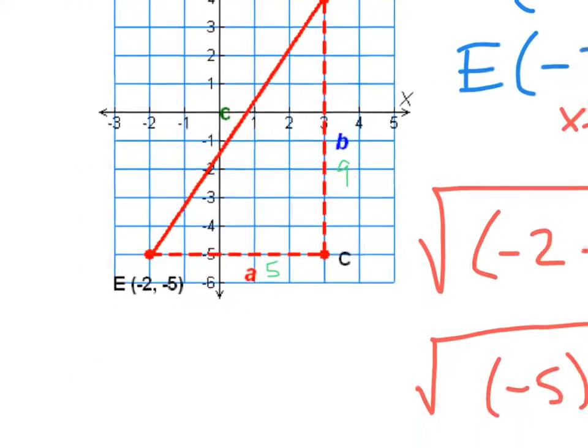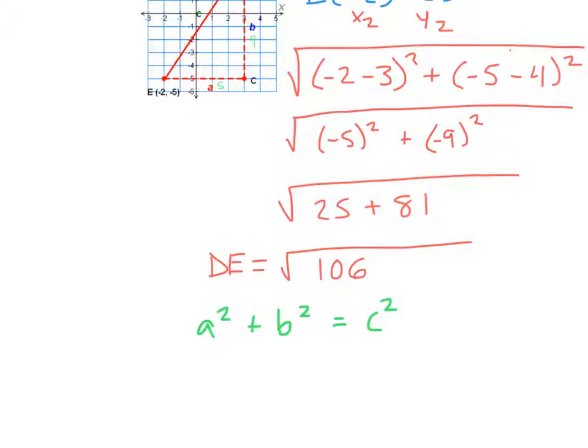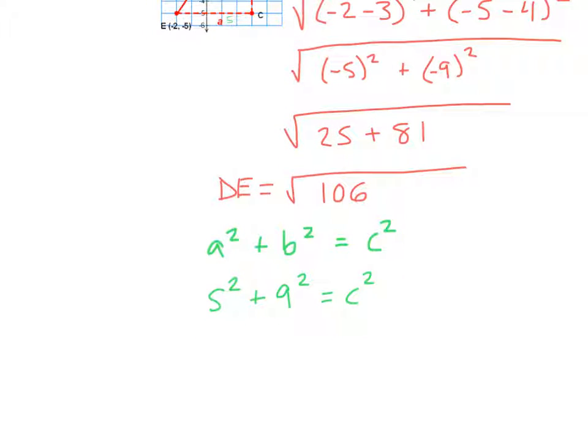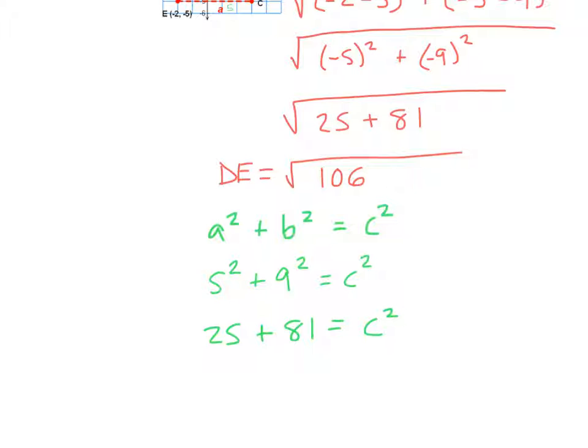So if we have 5 squared plus, what was B? 9 squared is equal to c squared. We don't know what c is yet. So 25 plus 81 is equal to c squared. To get c all by itself, we take the square root of both sides. Well, we know 25 plus 81 is 106. So we take the square root of both sides. That cancels out.